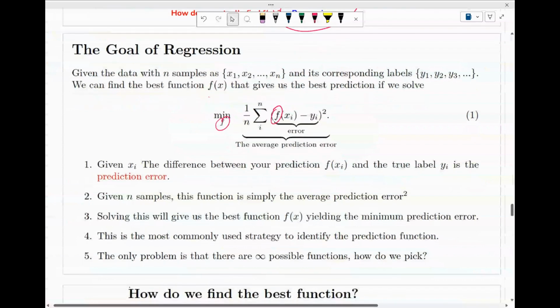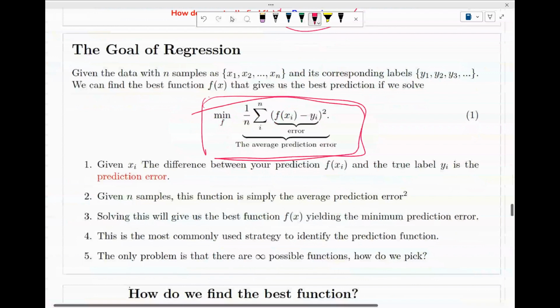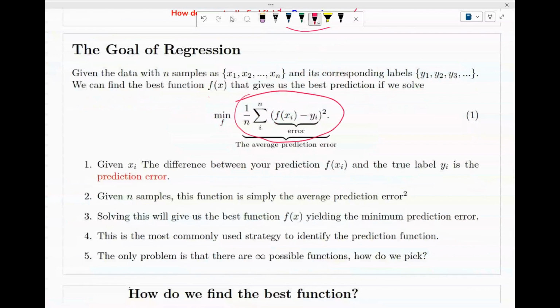Okay, so the key takeaway from this is for you to understand what this objective is doing. This objective is measuring the average error. And what you're doing is you want to find a function that minimizes the average error. That minimizes the average error. Okay? So, how do you go about doing this?